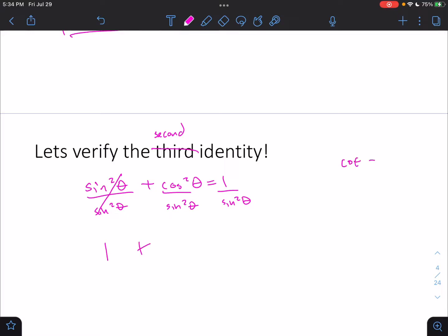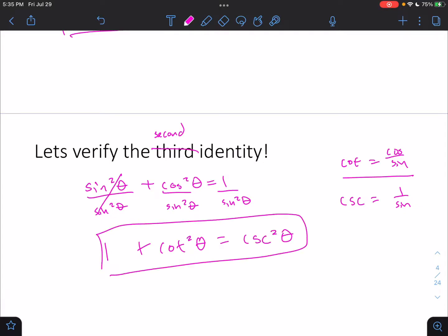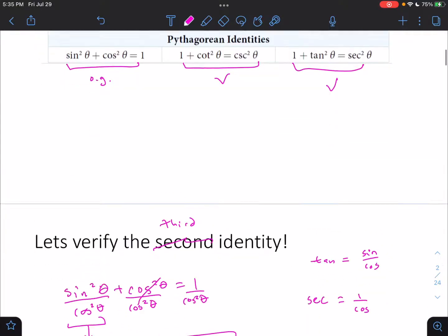It's actually cotangent. Cotangent is equal to cosine over sine. So cosine squared over sine squared is going to give us cotangent squared theta. And 1 over sine squared, that's actually the cosecant, and we'll see that later. So here we have cosecant squared theta. And we have just proved or verified the second identity.